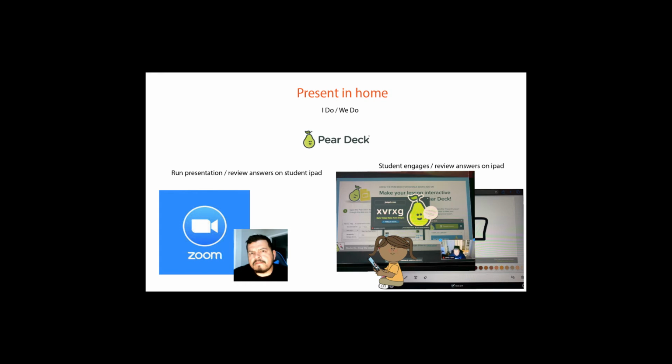They have the PearDeck presentation slide that normally would be on the projector, but I'm sharing it on my computer via Zoom, so it's on their iPad. And then they also have a Safari window where they're interacting with the slide. So they have Zoom, and then they have a Safari window, and that's what I don't like about this.